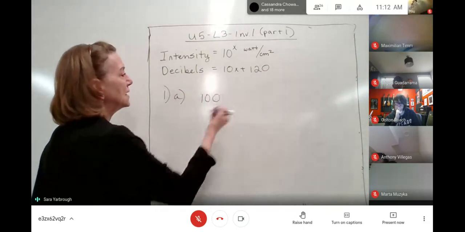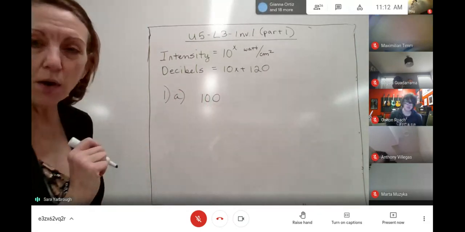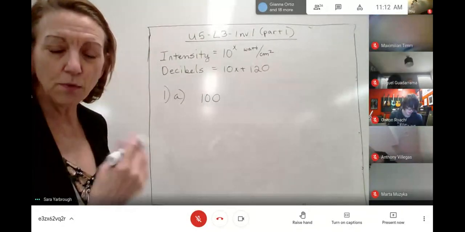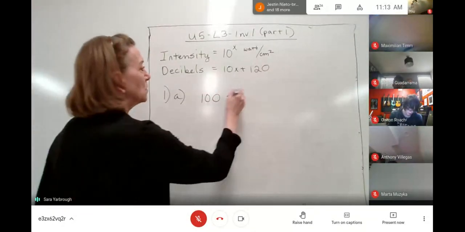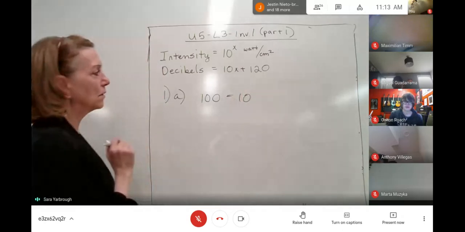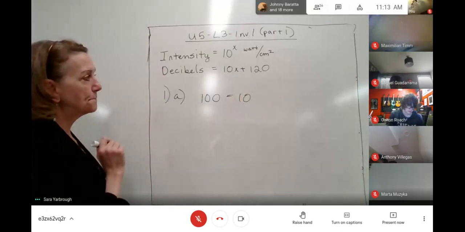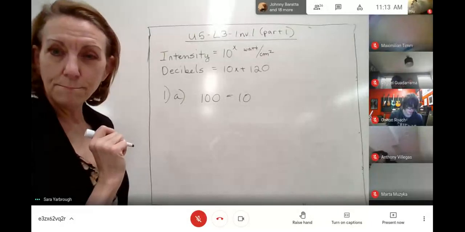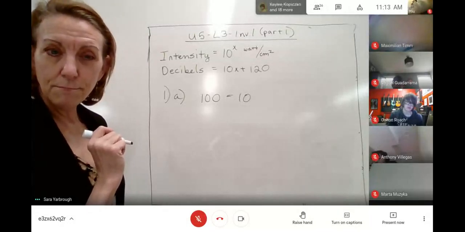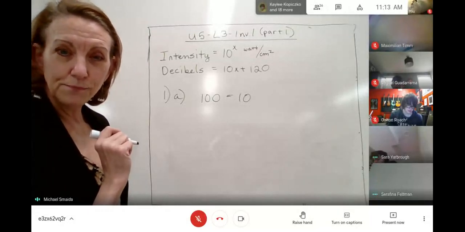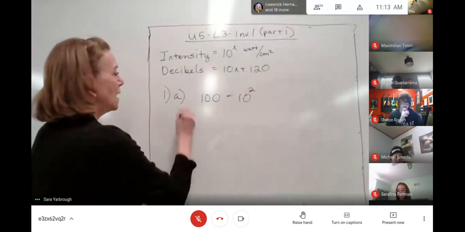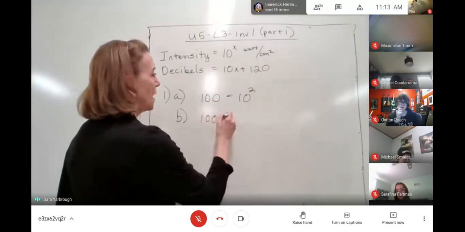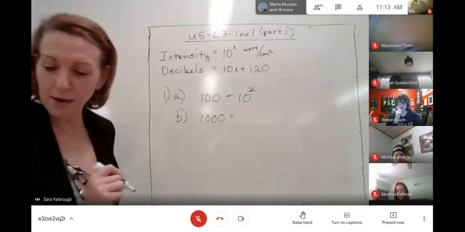If you wanted to express that as a power of 10, how would you express that? This would equal 10 to the what power? Power of 2, right. 10 squared equals 100.